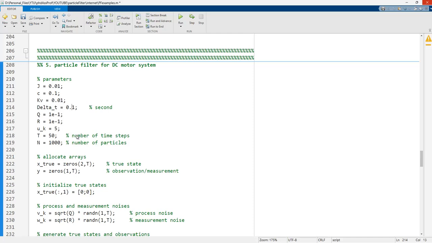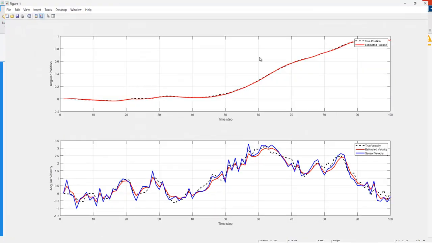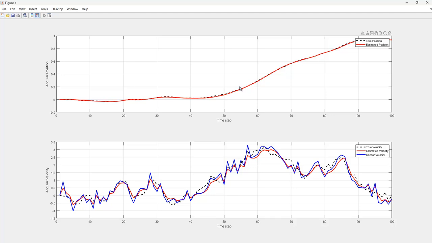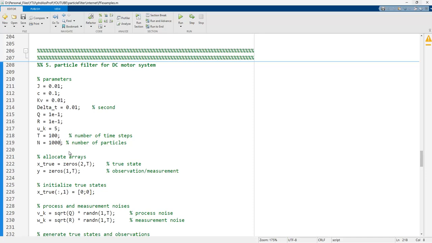Okay? For example, if we want to increase the delta seconds in here, and also we can apply the 100 time step points in here. To see, in this case, we will have good results in here. The velocity value is more straight than the blue line, and also the true velocity value. This is good in here.